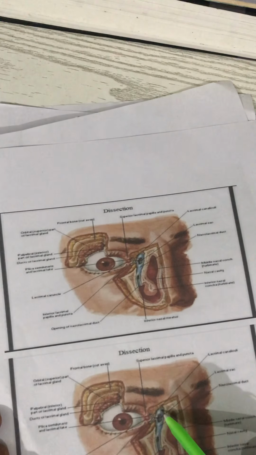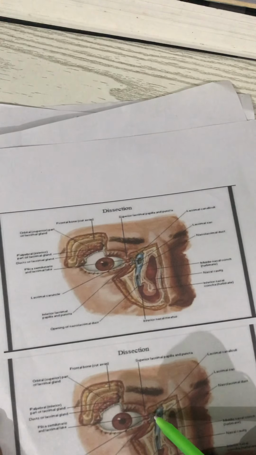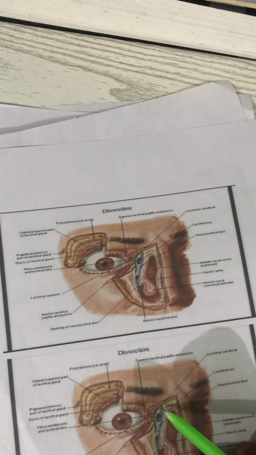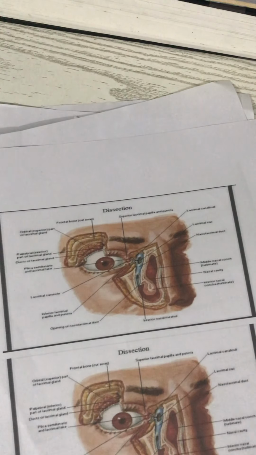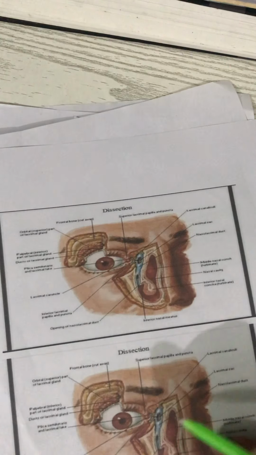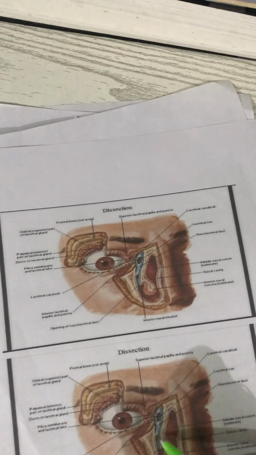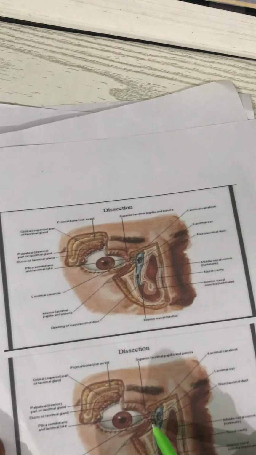This is the lacrimal sac, and here we have the lacrimal apparatus. This is the lacrimal canaliculi, and this is the nasolacrimal duct. And here is the inferior nasal concha. So through this nasolacrimal duct, the nose is connected to the lacrimal apparatus.